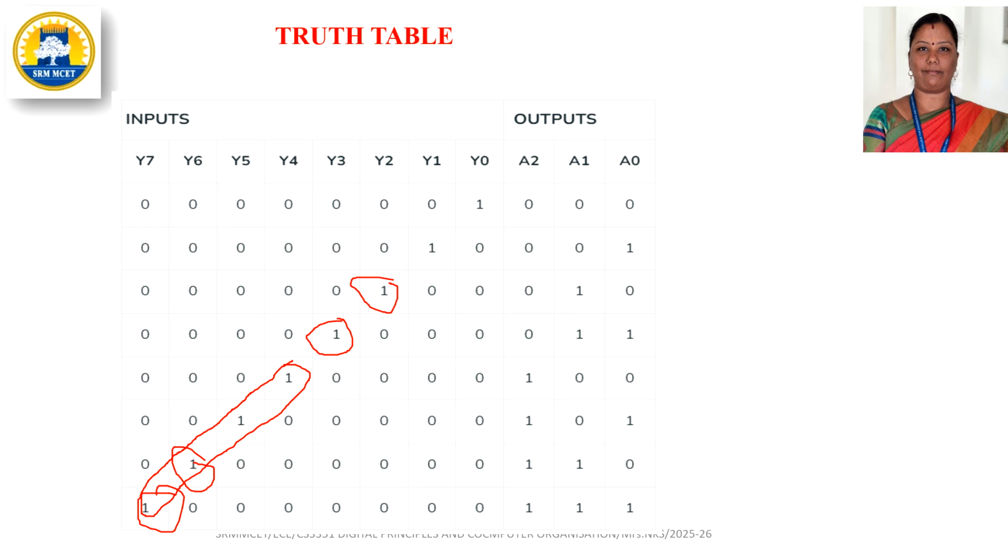For A0, A0 is 1 for alternating inputs. So A0 is equal to Y1, Y3, Y5 and Y7. With these logical equations, we will design the circuit with basic gates.